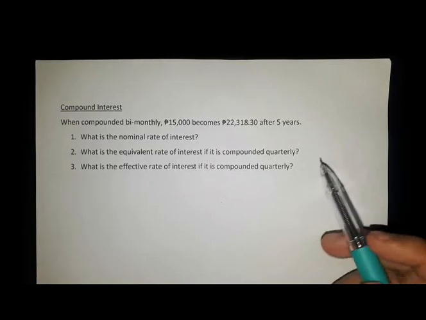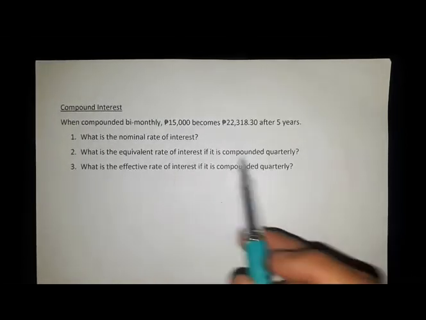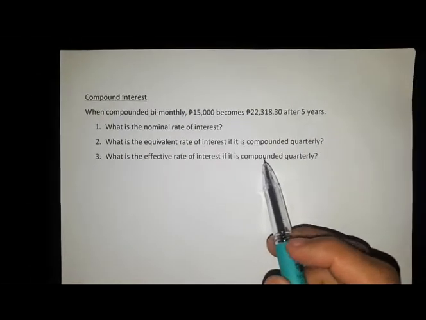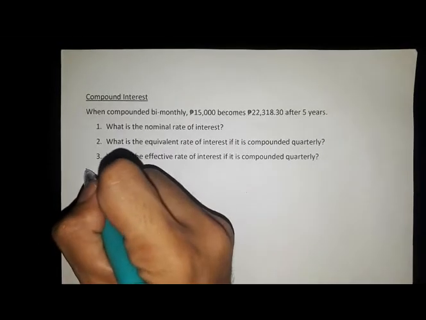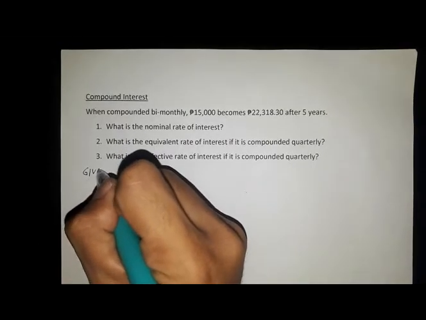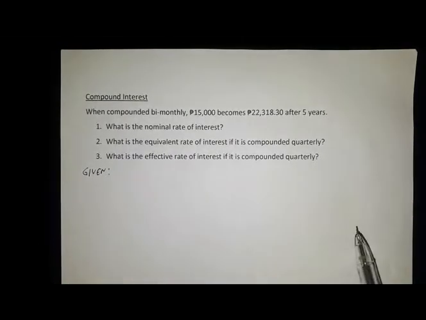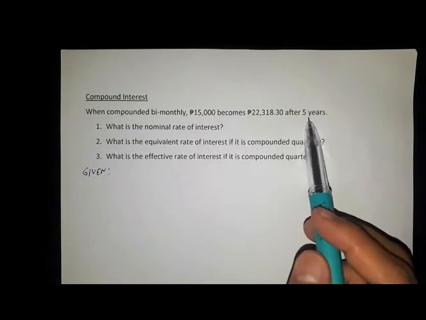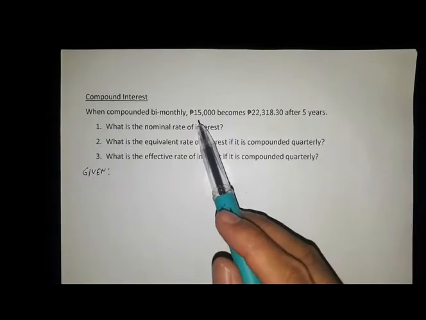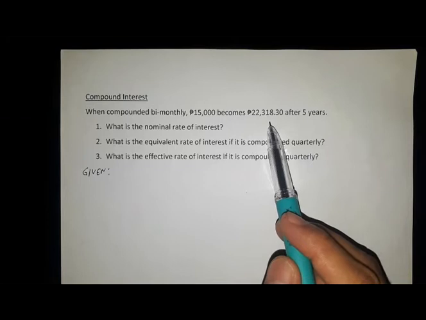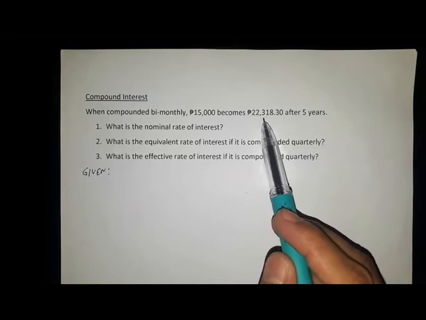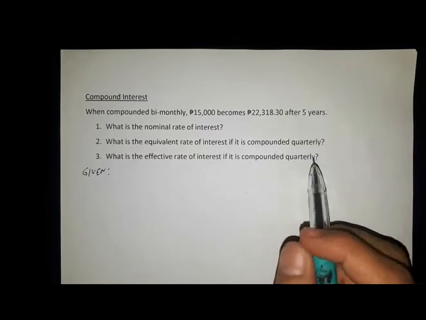So to solve for the given problem, let us first list down the given. After 5 years, 15,000 becomes 22,318.30.